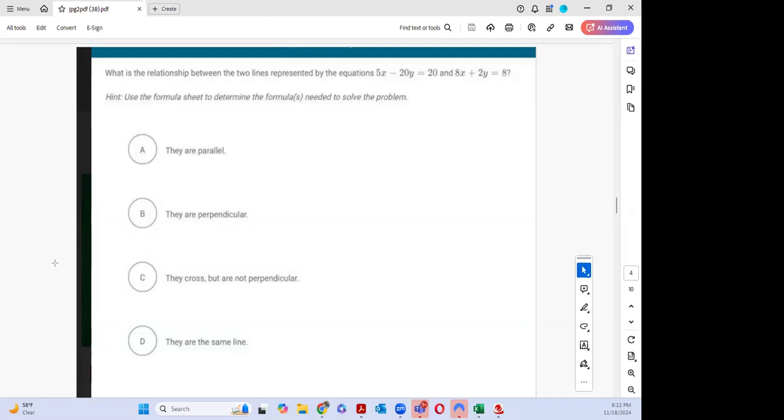Opposite. Well, what is a perpendicular line? Perpendicular lines are two lines that intersect, but they don't just intersect, they form a 90-degree angle.